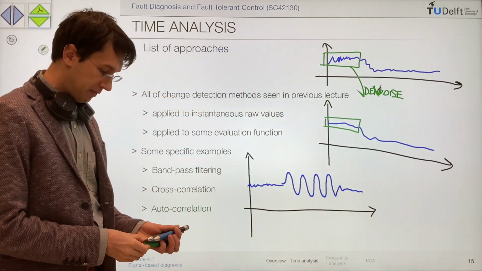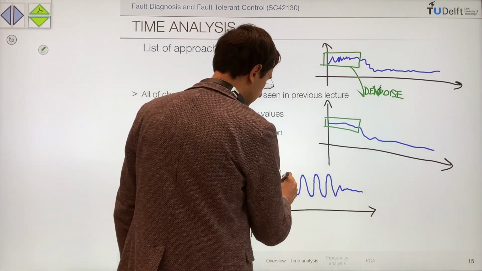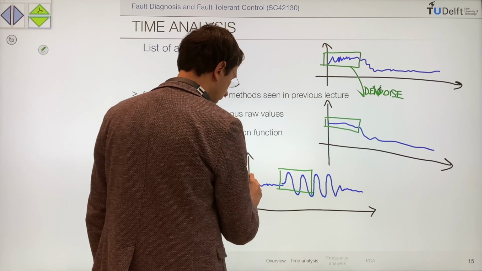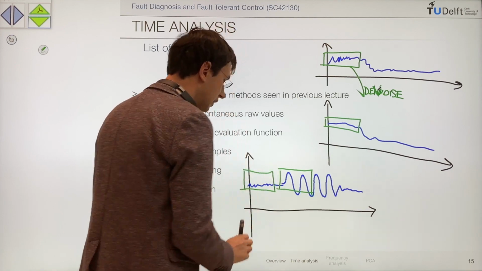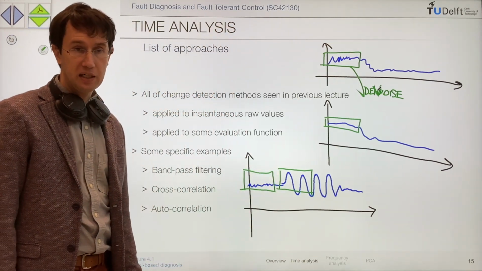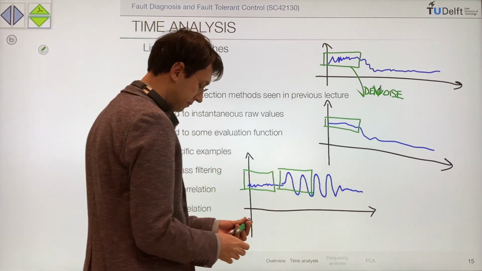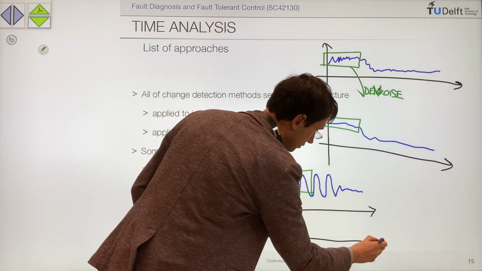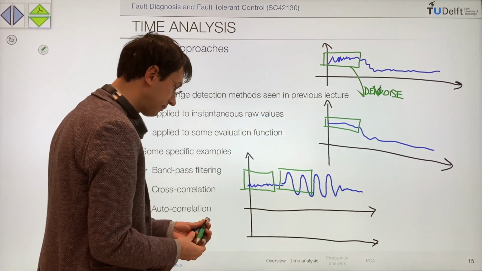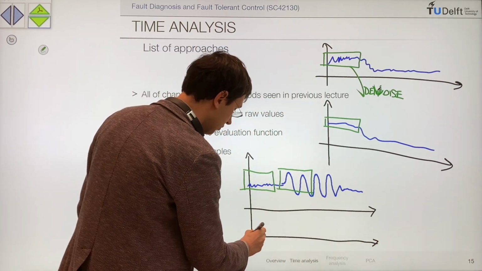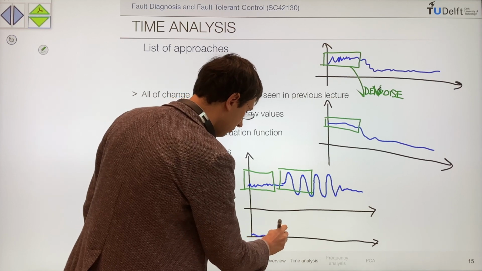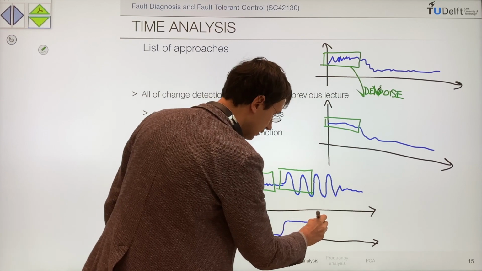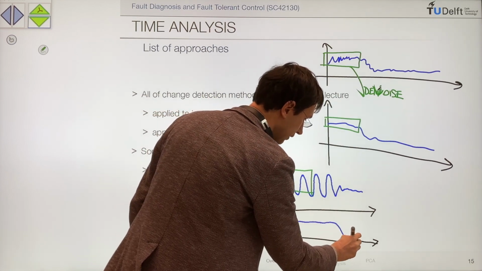If we apply, over a time window of data, like here or here, a bandpass filter that is matched to this frequency, what we get as, in this case, features is another signal that is normally small here, but when we have the fault, it becomes big, and then it goes away.